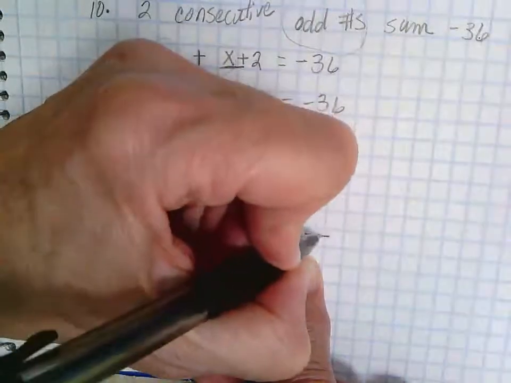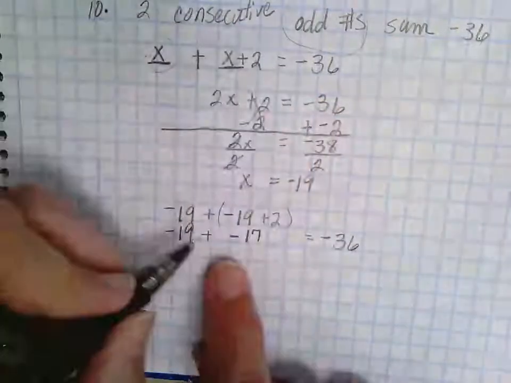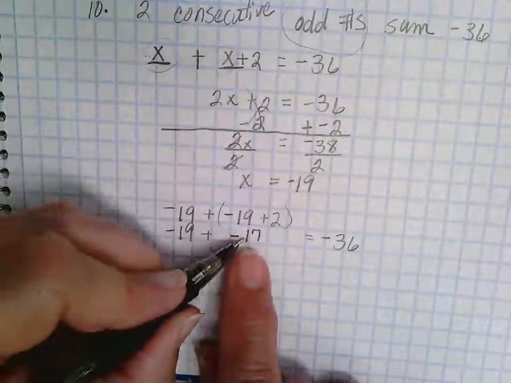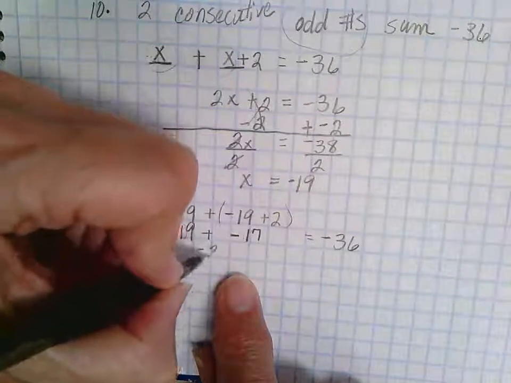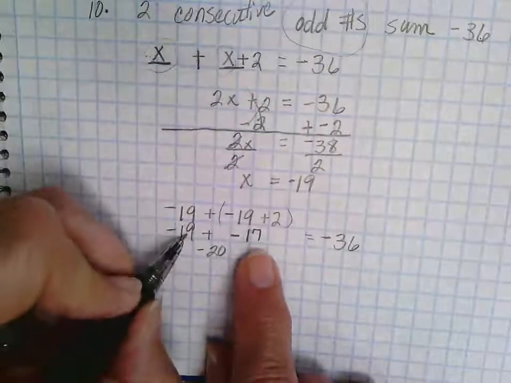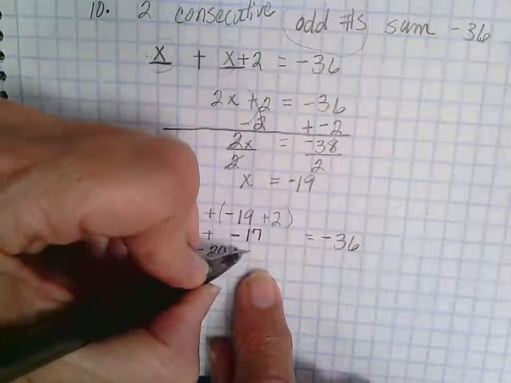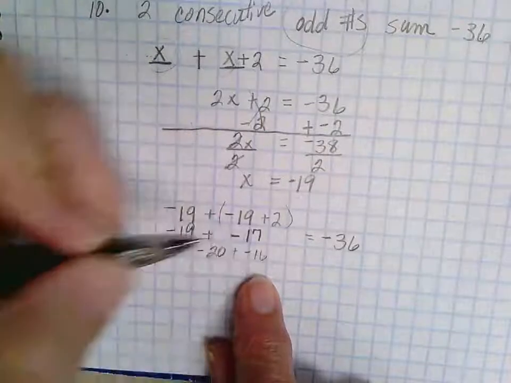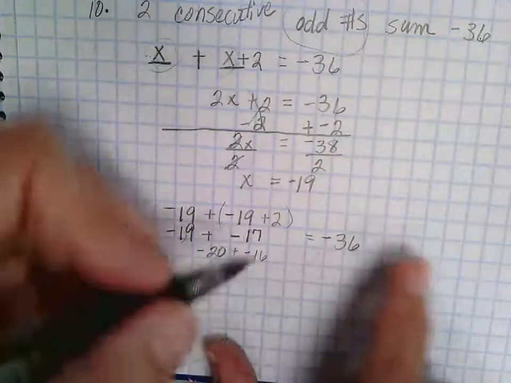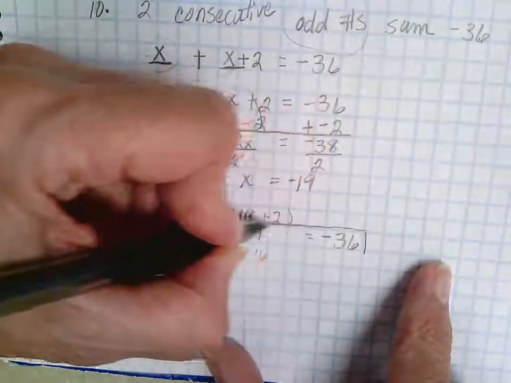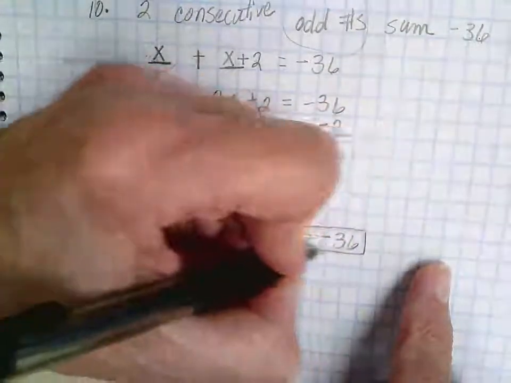Let's see if that equals -36. 10, 20, I'm looking at my tens, so I have -20, and then when I add my ones, I have -16. -20 plus -16, does that equal -36? Yes, it does.